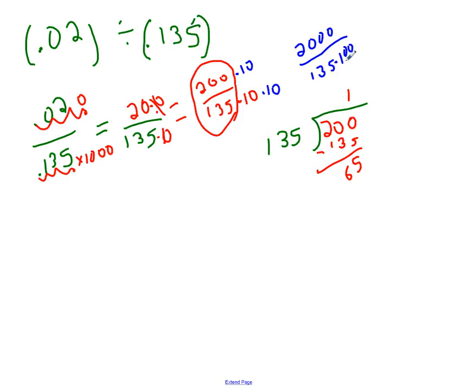Okay, so now I can bring down another 0. 135 into 650. Is that 5? No, I think it's only 4. So 400, 5, 20, 30, 40. 540.